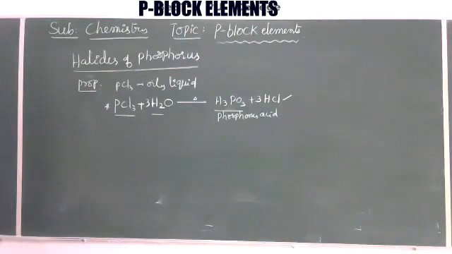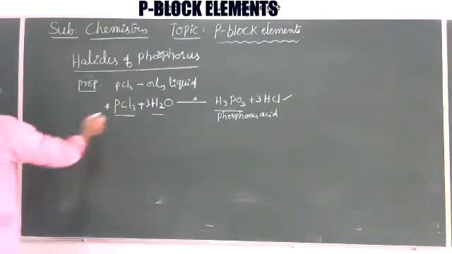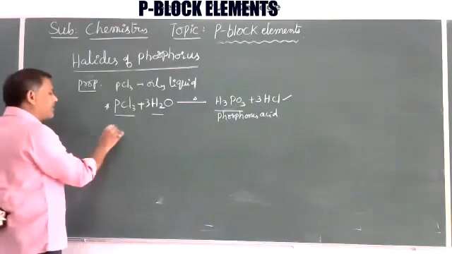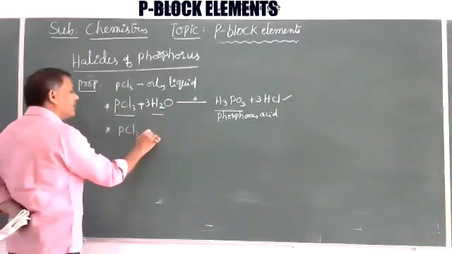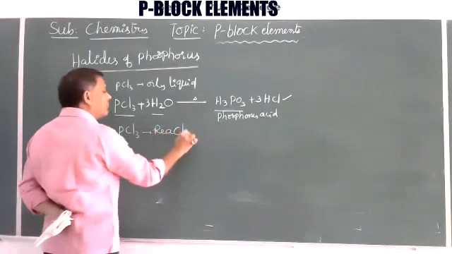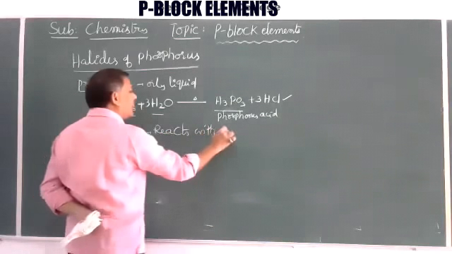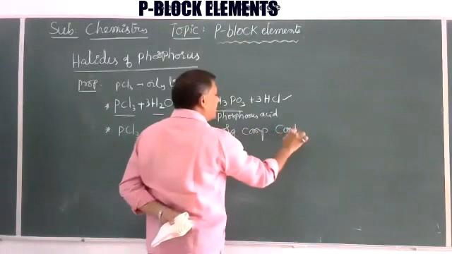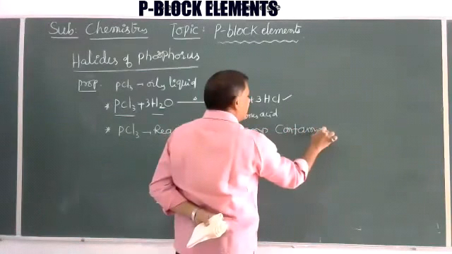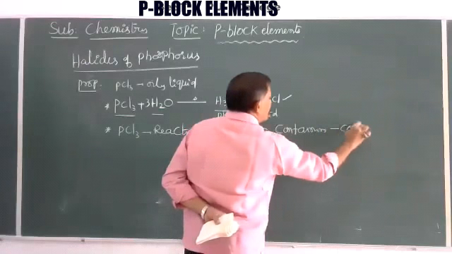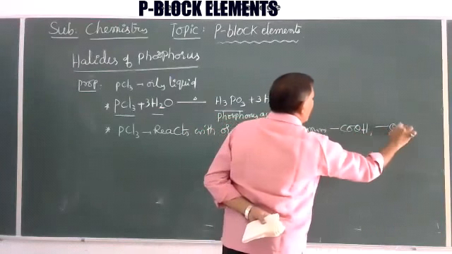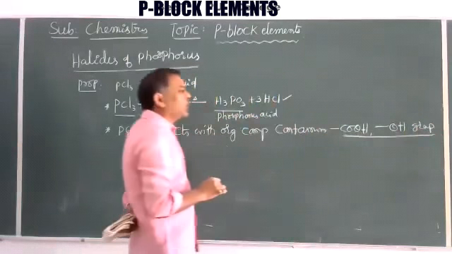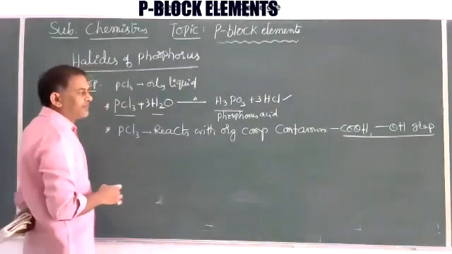For organic chemistry, this is one of the most important reagent compounds. Here the PCl3 reacts with organic compounds containing COOH or OH groups. It gives the corresponding organic chlorinated or halogenated compounds.